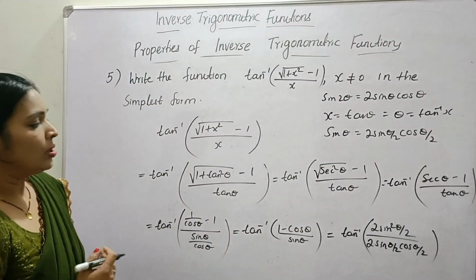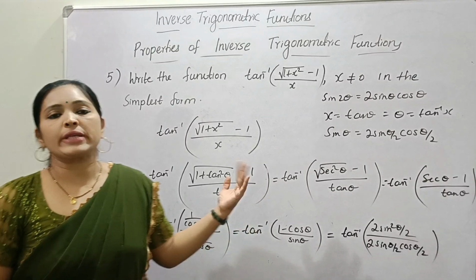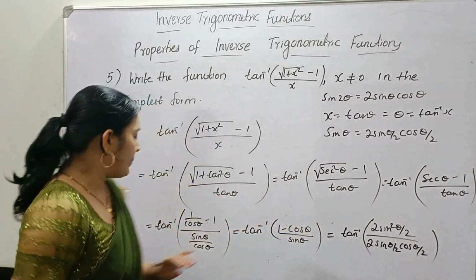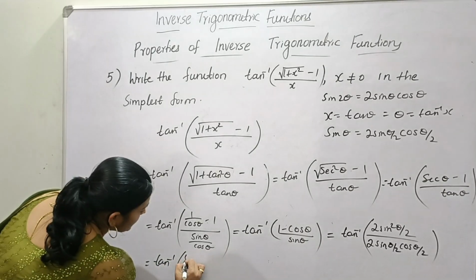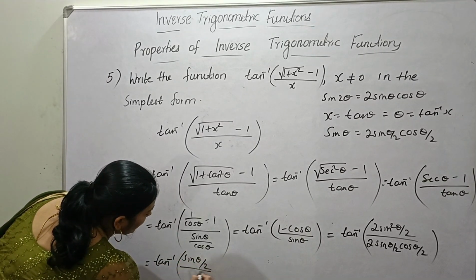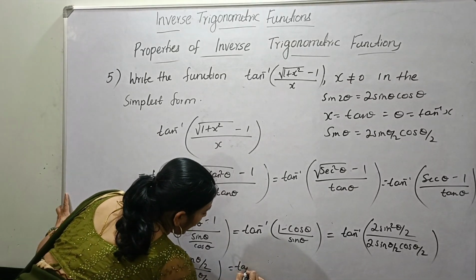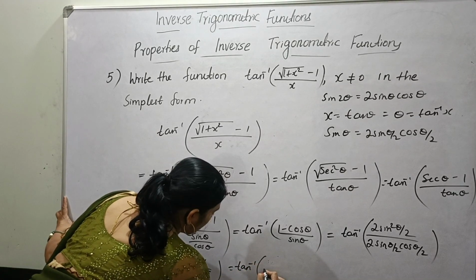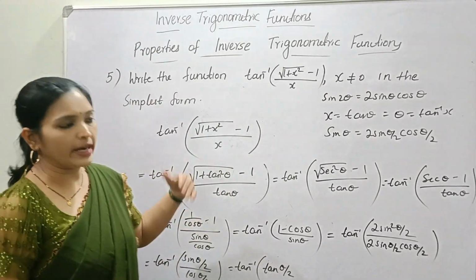Now here the 2 is cancelled, and sin theta by 2 and sin theta by 2 are cancelled. So remaining is tan inverse of sin theta by 2 divided by cos theta by 2, that is tan inverse of tan theta by 2. We know that is the ratio of sin and cos.